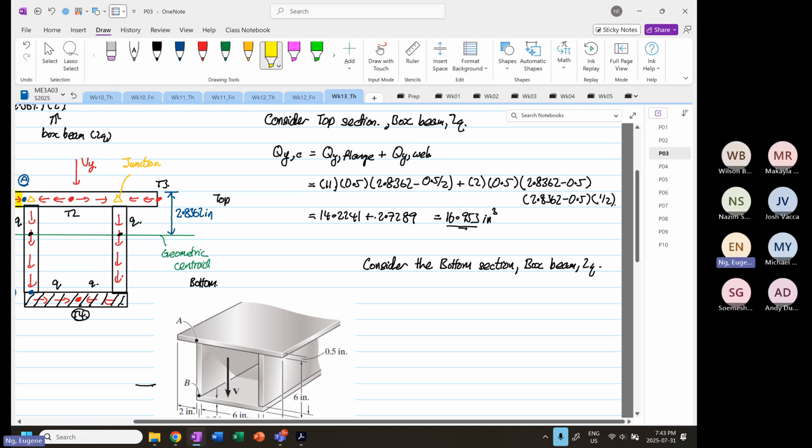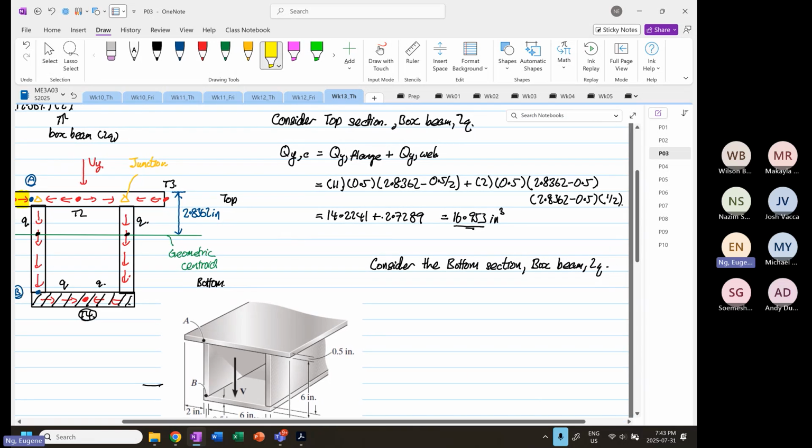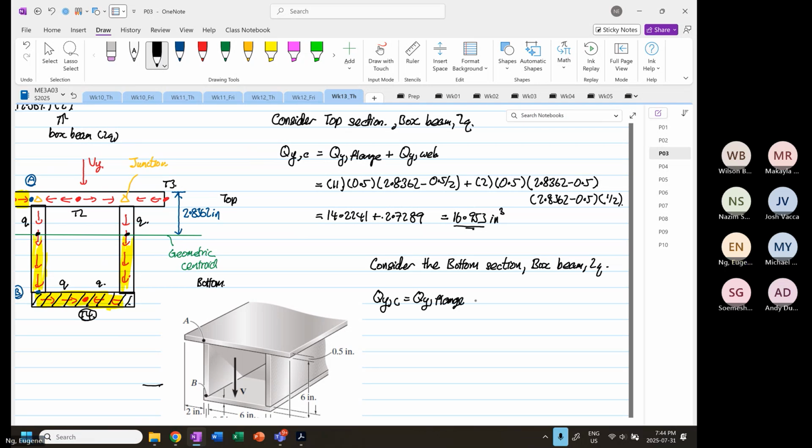So the area to consider at the bottom, if you take the bottom, is this, and also what you have over here. So you know that QY is the QY of your flange plus QY of your web.